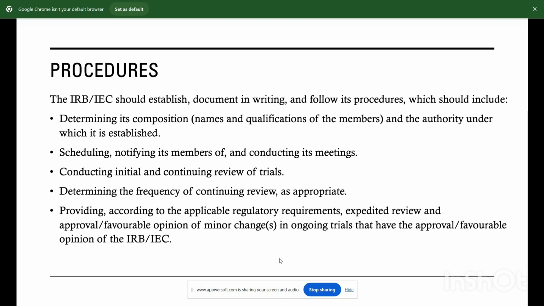They have to be providing according to the applicable regulatory requirements. In case any expedited review has to be conducted, the EC can take the decision about this.